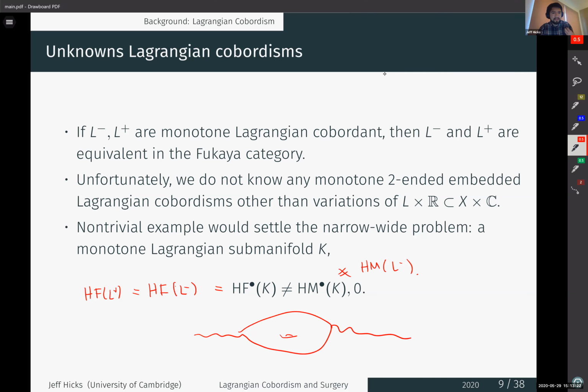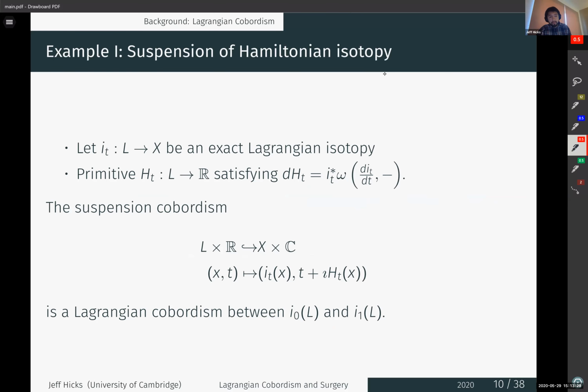So let's talk about the examples of Lagrangian cobordisms that we do know exist. The first example, which we're going to be using quite often in this talk, is called the suspension of a Hamiltonian isotopy. So let's start with an exact Lagrangian isotopy inside of X. And what do I mean by an exact Lagrangian isotopy?